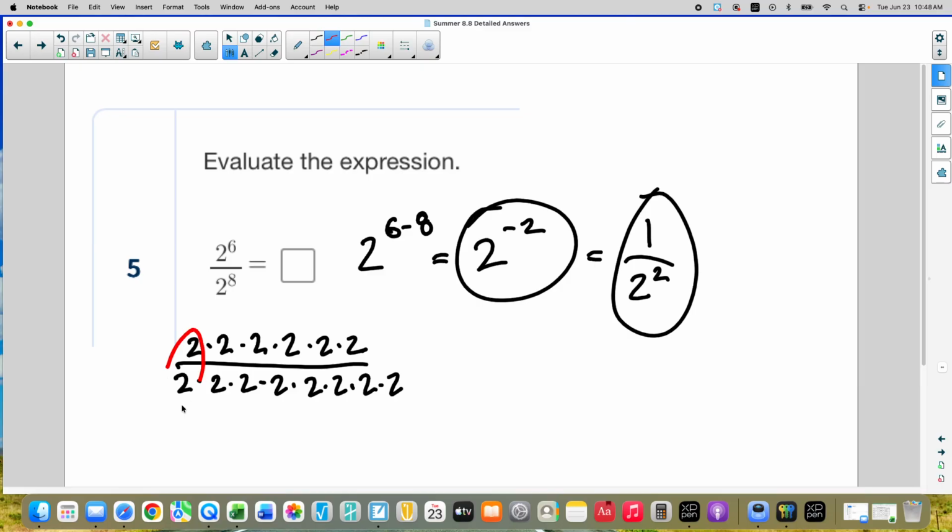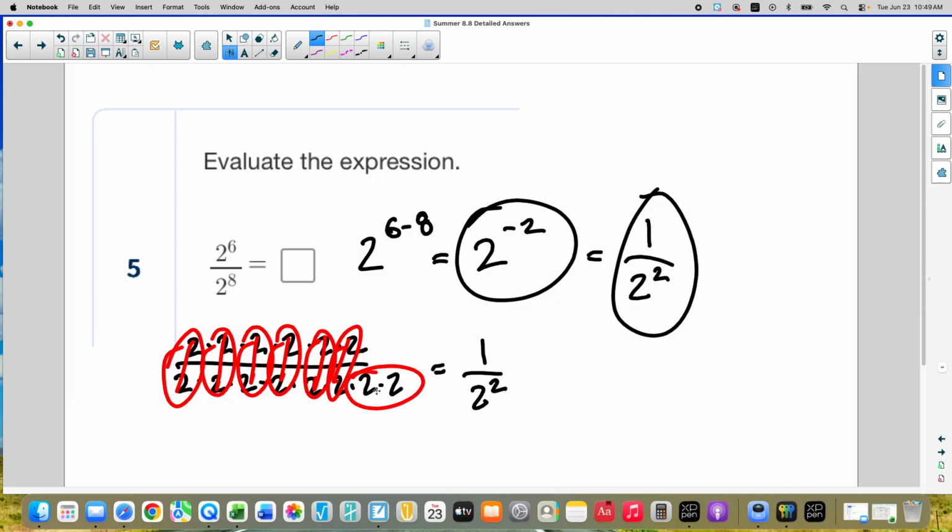And again, this makes 1, this makes 1, this makes 1, this makes 1, this makes 1, this makes 1. This time you have 2, but they're in the denominator. Notice this is down there. That's why these are equal. These are equivalent. This just represents being in the denominator.